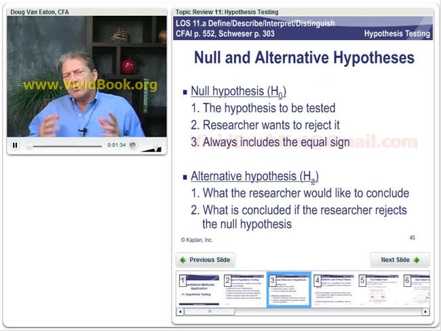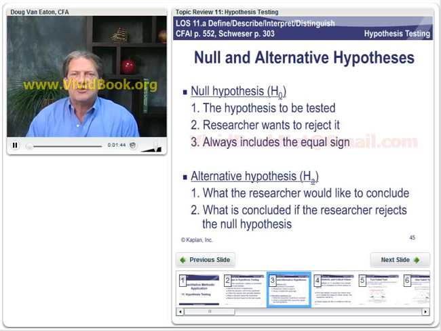So say the researcher is looking and thinks that he or she has a strategy for generating positive risk-adjusted returns, a strategy that's going to beat the market. Well, we're going to measure or estimate those risk-adjusted returns, and we would set up our null hypothesis that those risk-adjusted returns are less than or equal to 0.